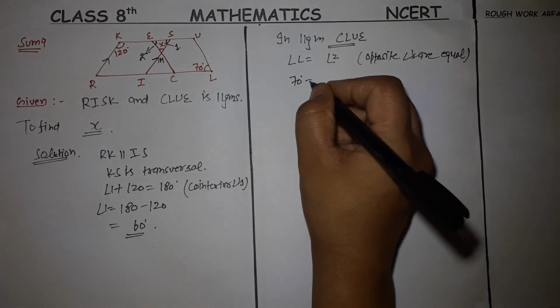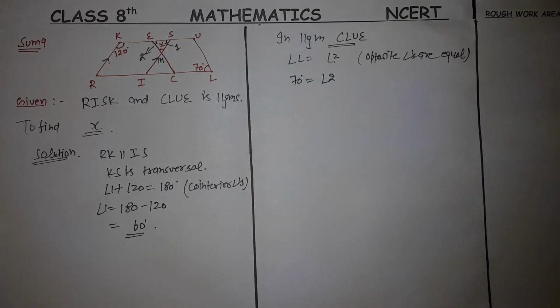Angle L is 70, that's why angle 2 is 70 degrees.